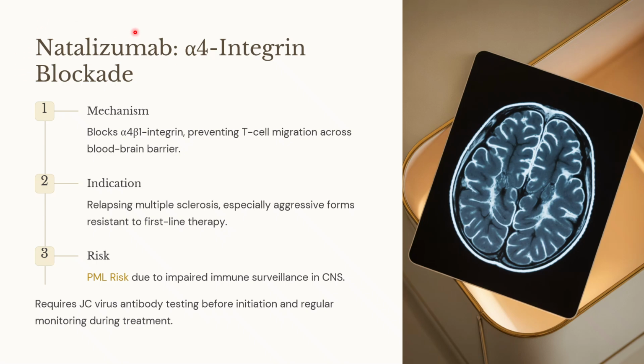That drug is natalizumab. Alpha 4 integrin is present on the T cells and is helpful for adhesion. So when that is blocked, the T cell doesn't adhere. Therefore, it is useful in multiple sclerosis, especially the aggressive forms which are resistant to first line therapy.